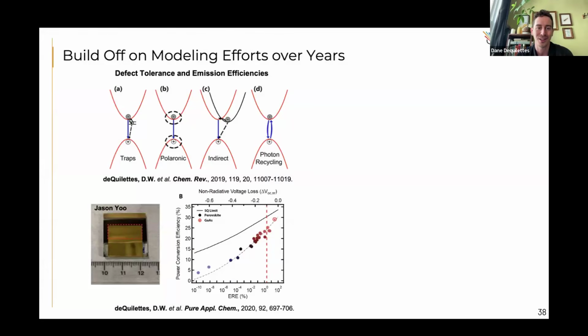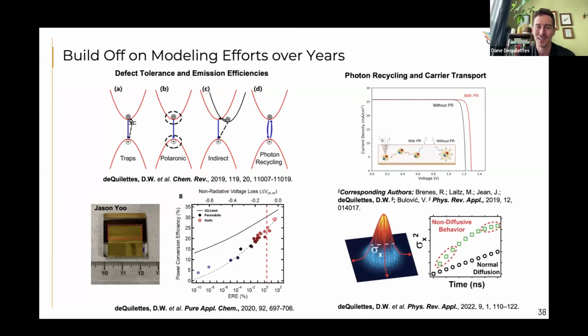We've also done a lot of modeling work trying to understand the different ways to analyze this type of data and relate defects and recombination to emission efficiencies and photoluminescence. And then ultimately doing a lot of device simulations as well.